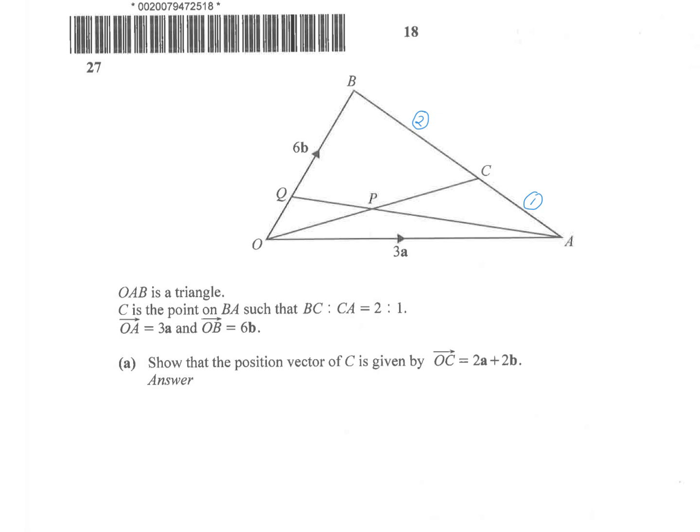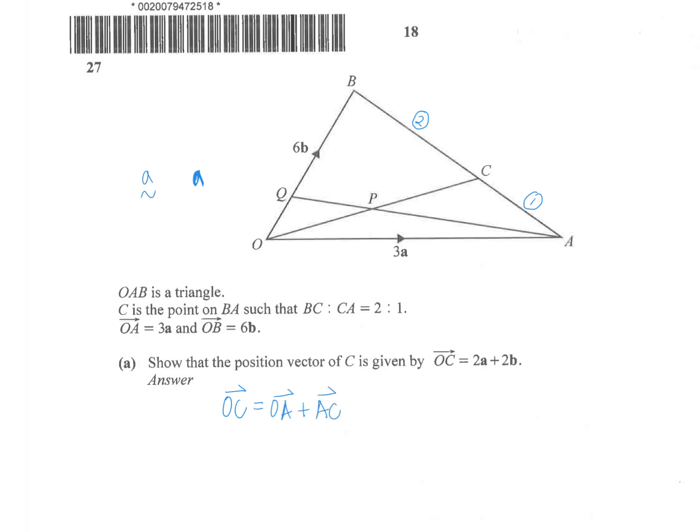Show that the position vector of OC, like that. Because you can't bold your letters on paper, unless you keep doing this, but it will take a long time. So just go and write that. Okay, so how to find OC? You basically need to use OA plus AC.